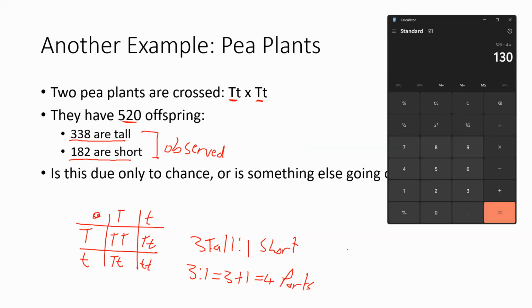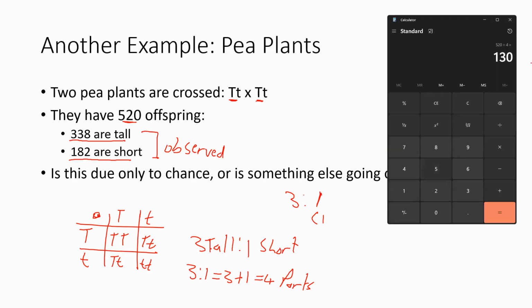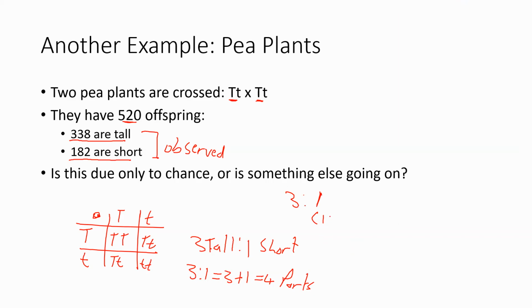So that now means, of course, that in our 3-to-1 ratio, the 1 is actually 130 or 120? 130, right? So that's 130. And the 3, of course, is 3 times 130, so that's 390.